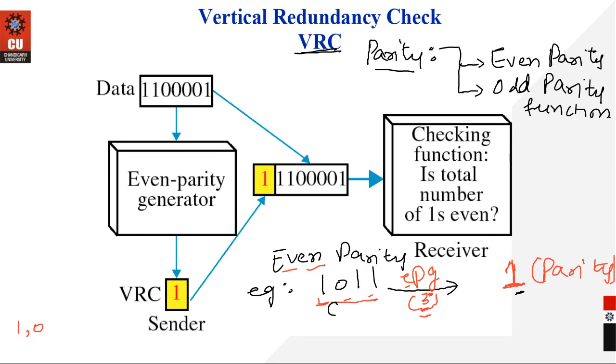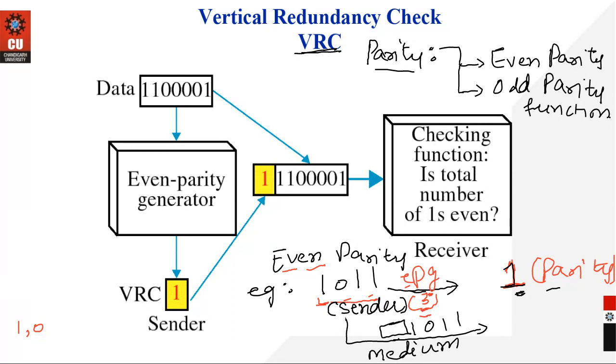So on the sender side, the data I have got is 1011. However, after I pass on that data to EPG, that data will generate one redundant bit or parity bit, that will be 1. So on the channel, let's take it as medium, the data which will be traveling is 1011, and 1 will be traveling along with the data.